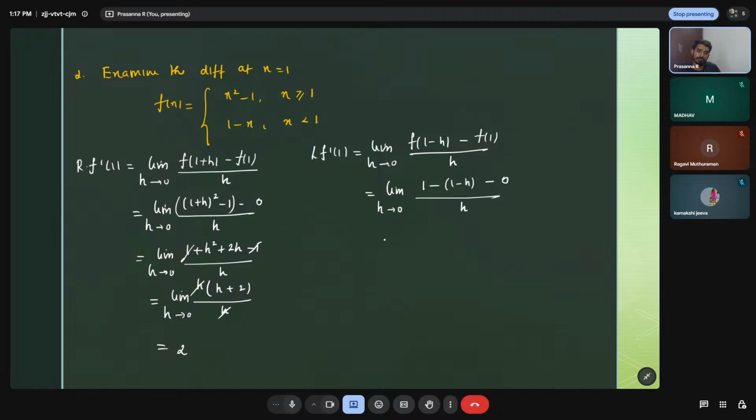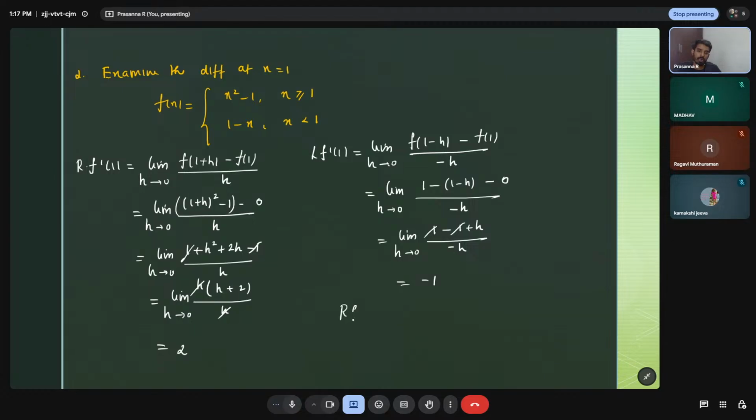So this is 1 minus 1 plus h by minus h. This is minus 1, right?